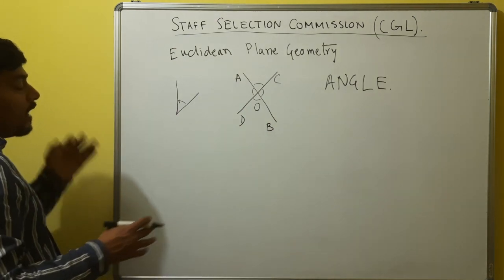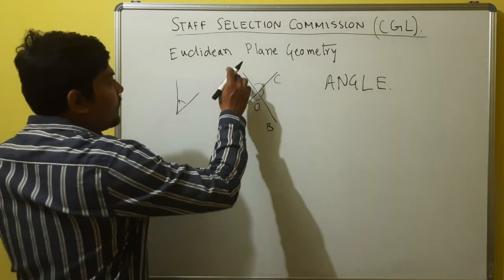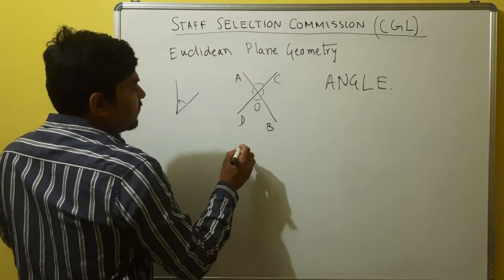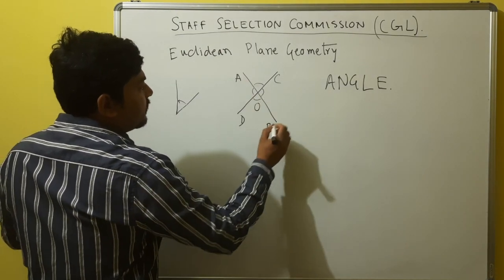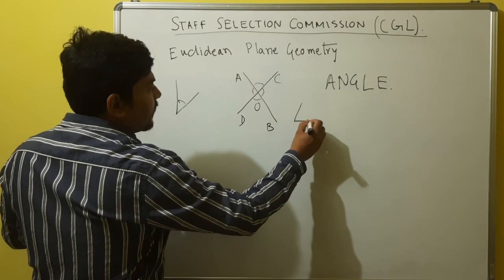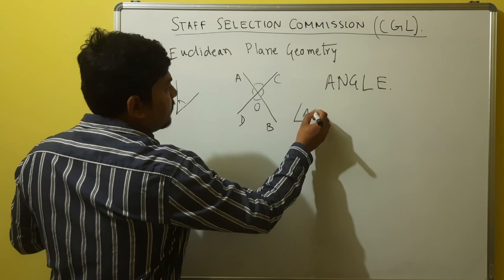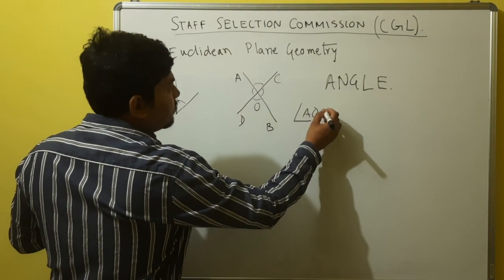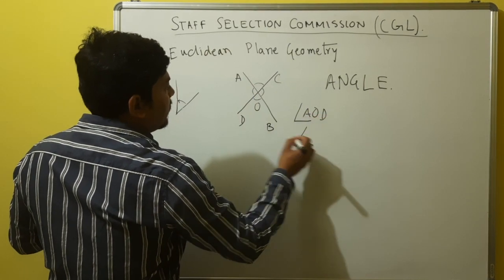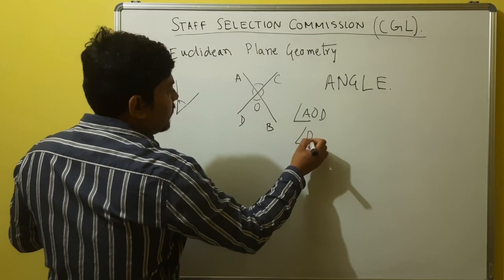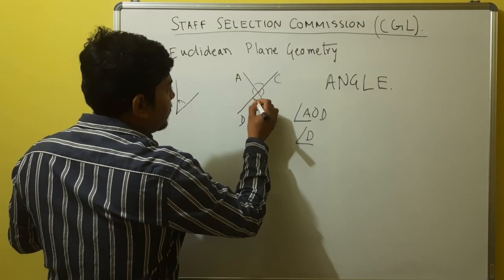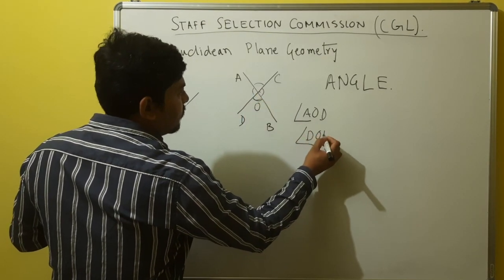Okay, and how are angles written? First, we start with any of the sides. Let's say, and this is the symbol of angle, and we write A, then the midpoint O, and then this point D. What is the other angle? B, O, B. Then it indicates this angle.